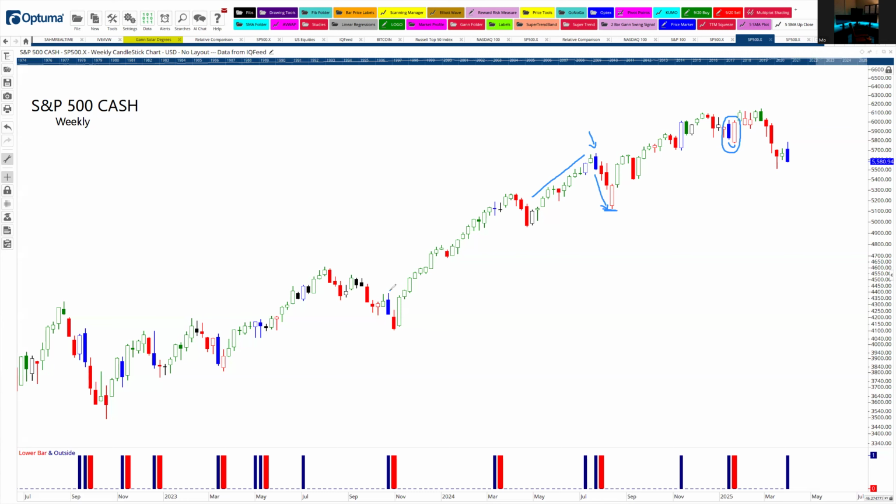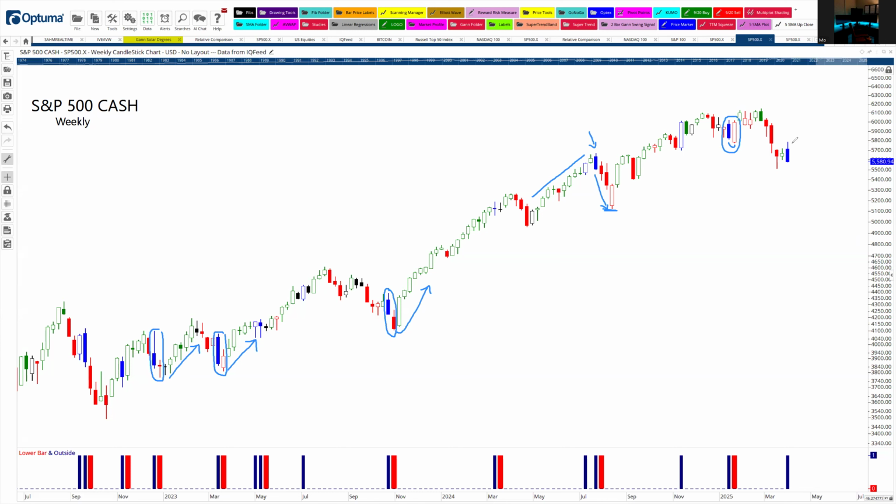Look right here, coming down, outside bar, lower weekly bar. Look at the reversal. Same thing here, outside bar, lower weekly bar. Look at the reversal. Same thing here. Huge reversal.